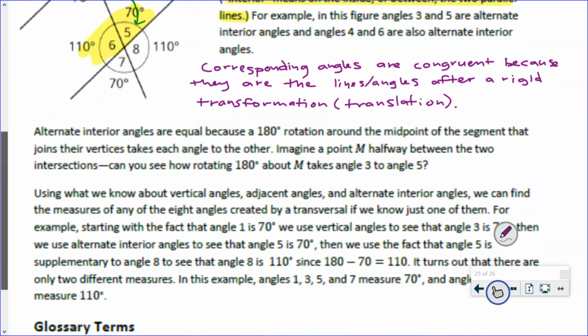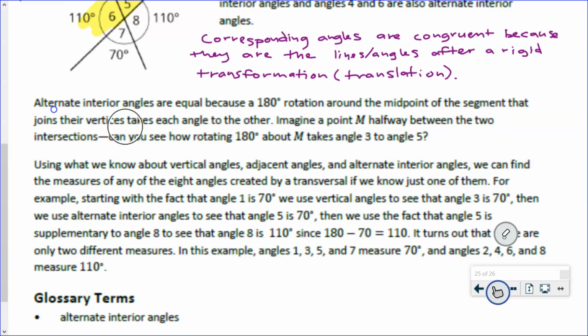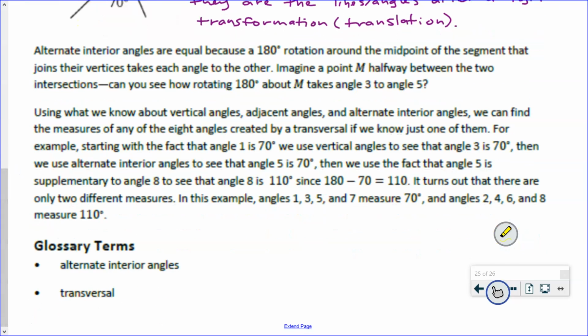And again, this paragraph is explaining we know that alternate interior angles are congruent because we can rotate them. We actually did that. And here's the last thing to highlight.